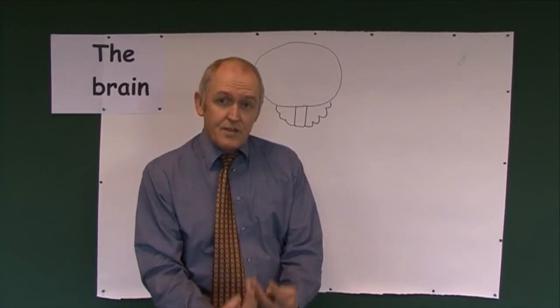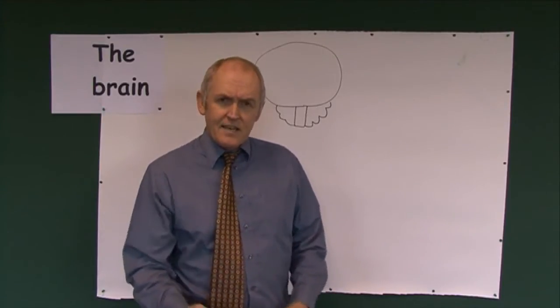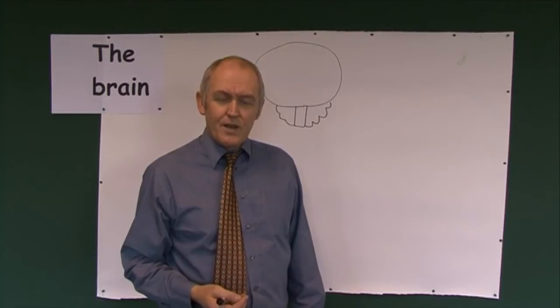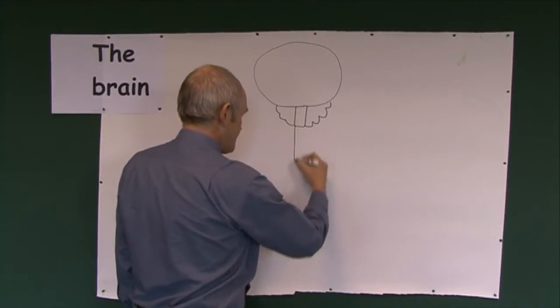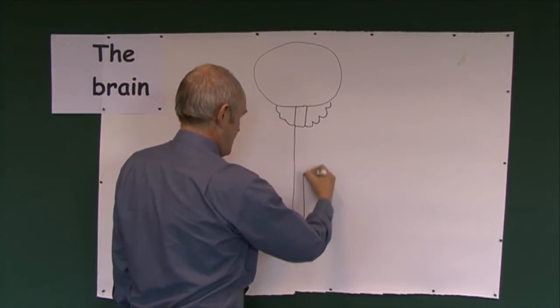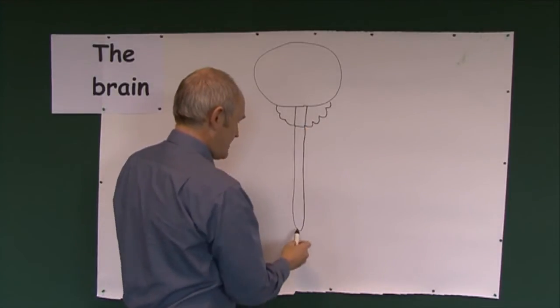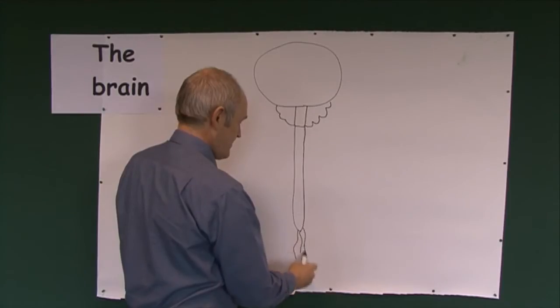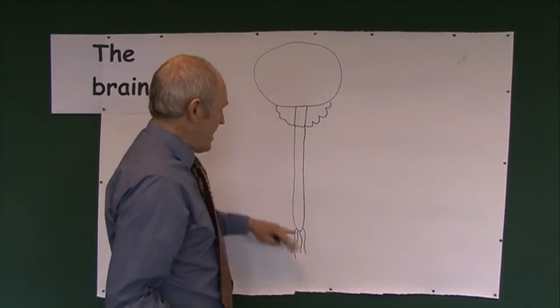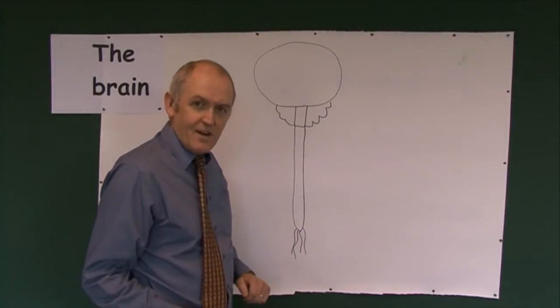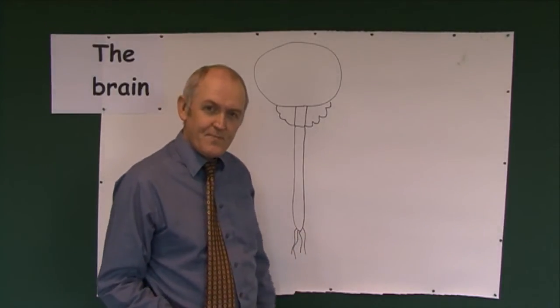After that, there are large nerves which carry on down, taking nerve impulses to and from the lower part of the body. So here we have the spinal cord and some large nerves at the base of the spinal cord. But the brain and the spinal cord describe the totality of the central nervous system.